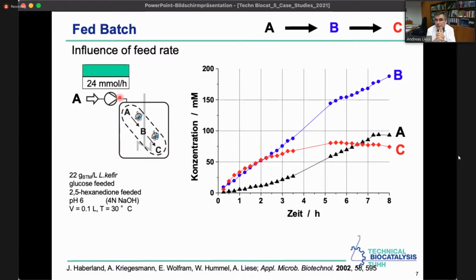If you look, the answer is directly shown on the transparency. So what do you observe, or what do you notice if you look at the courses of the compounds A, B, and C?